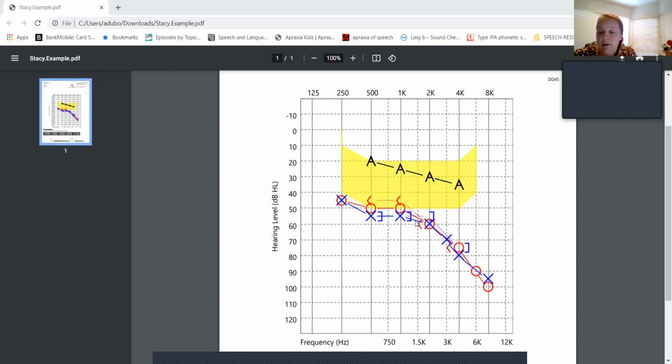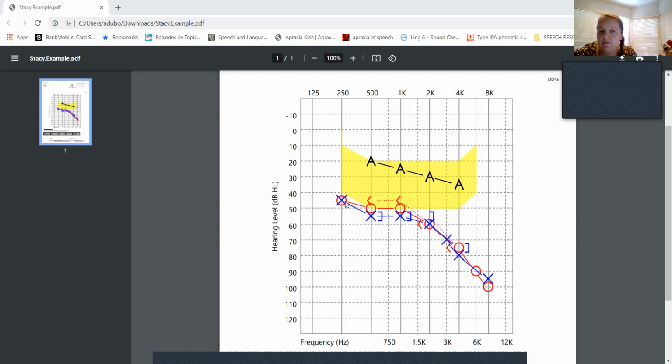So you see right here at 55 decibels that anything in the 2000 to 8000 hertz range, she wasn't hearing if I was just talking in a normal voice.